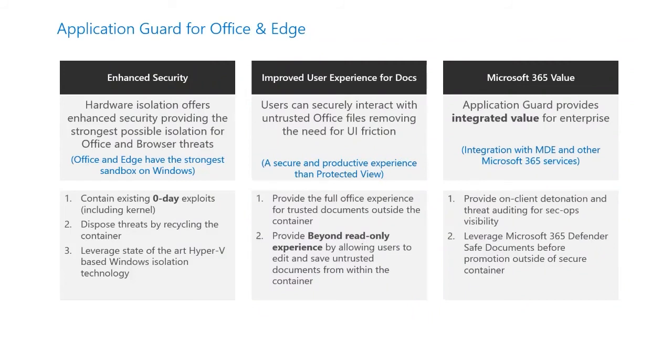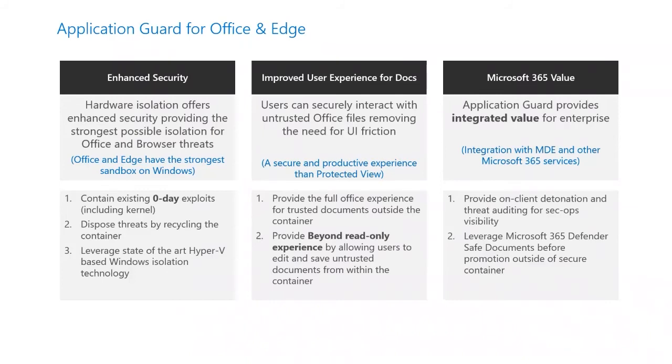It also integrates with the other Defender technologies like Office SafeDocs. That is something like, if your user still wants to run that document outside of the Application Guard container, then there are some capabilities, some checks present via Office SafeDocs, where if you want to escape it out of the container and run it normally on your desktop for information reuse and any other scenario you may have, then you can do it, or you can disallow your users from doing it.